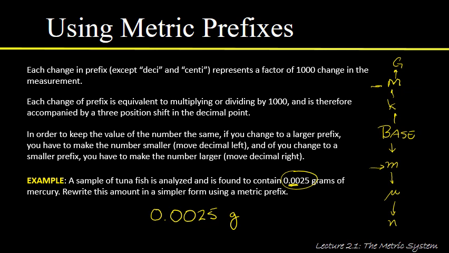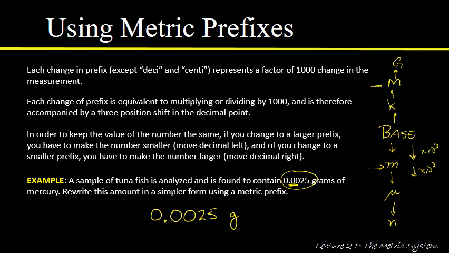Doesn't mean we won't have any zeros, but we don't want any more than we need. So to get this number 0.0025 into a range that we like, we need to move the decimal, and by using these prefixes, each time we do this, we're changing this by 10 to the third or 1,000. So we have to move the decimal in units of 3 spots.